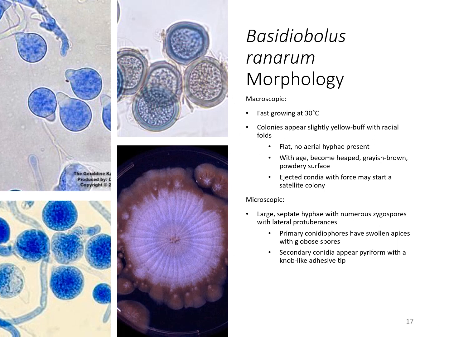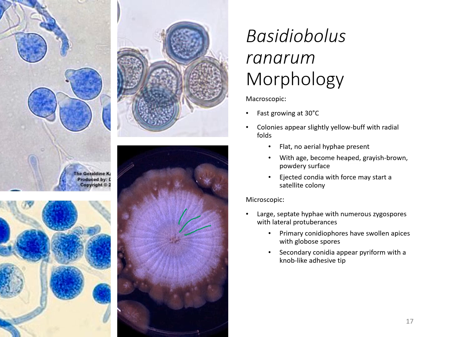So the Basidiobolus morphology, it is macroscopically a fast grower. The colonies appear slightly yellow to buff with radial folds. So you can see that here in this image at the bottom where you have all of those little folds going out. Flat, no aerial hyphae, so it's not fluffy, it's not sticking up with all that aerial hyphae.